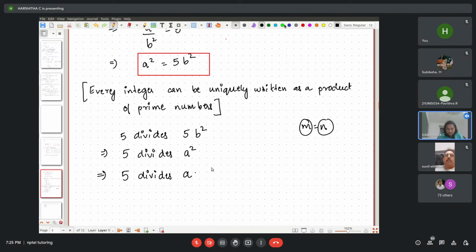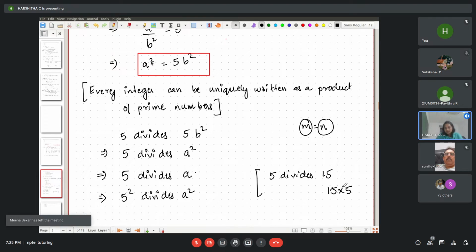And once you have 5 divides a, you will actually have that 5 square divides a square, right? You can just take an example. So 5 divides 15. So if you look at 15 square, you will have one factor of 5 coming from here and the other factor of 5 coming from here. So you will have 5 square divides 15 square. Okay, that's all we've said.